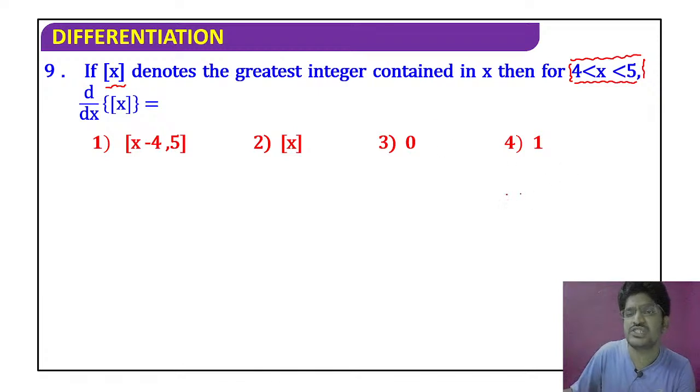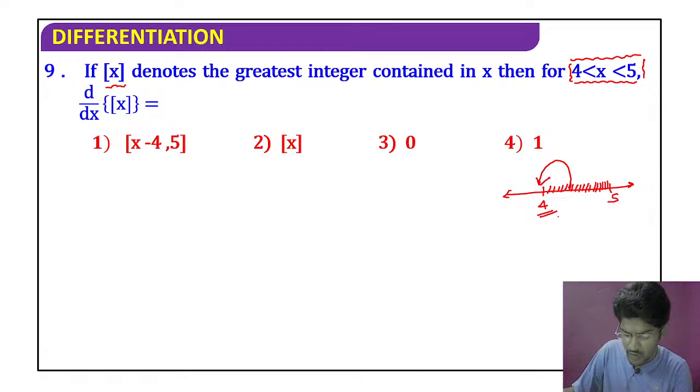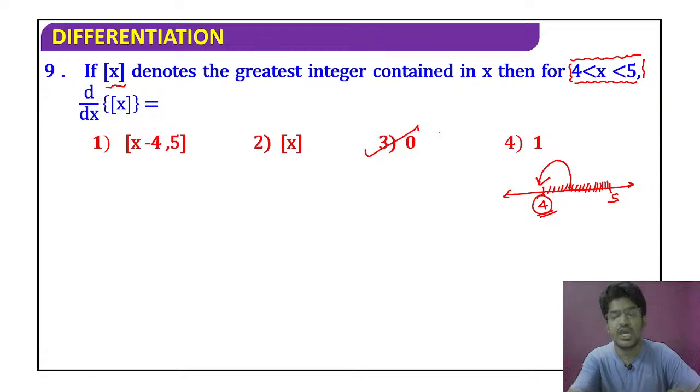This is 4, this is 5, and x is in between 4 and 5. So the output will be 4. Therefore, the differentiation of 4 is 0. So that you have to understand.